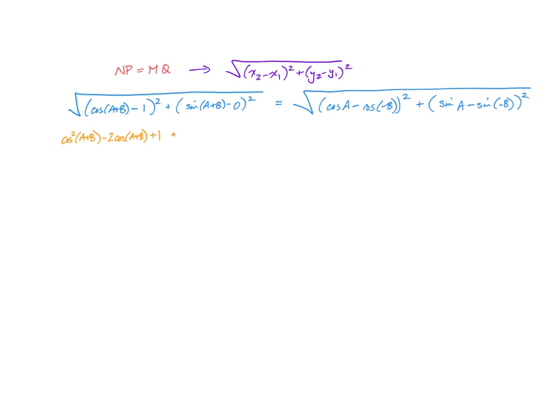The nice thing is sine A plus B minus 0 is really just one term, so I can square my sine A plus B. No joke, I might be writing too big to fit in this next side. I'm going to do my best. Now I need to square the next bracket. So, square the first, multiply them together and double it.